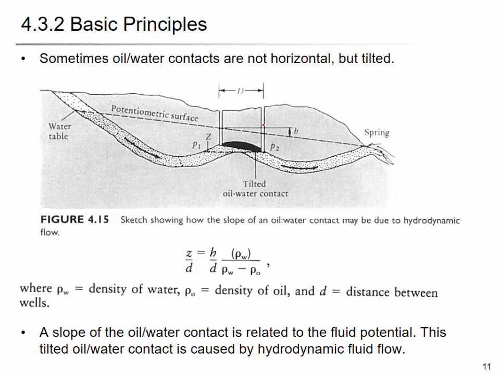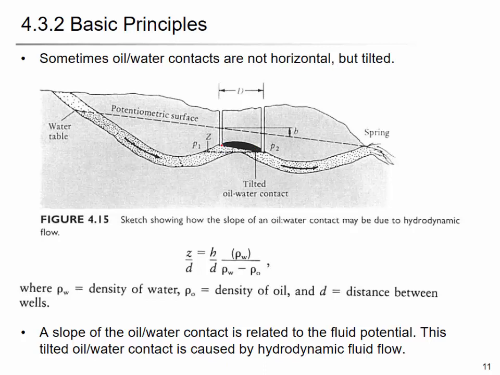Then, what if we have an oil reservoir in the channel? So this is the sandstone formation, and you have water flowing all the time, and you have trapped oil in here.